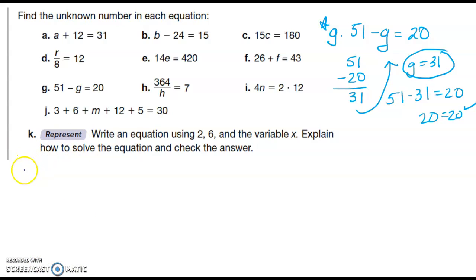All right, let's do H. We have 364 divided by something is equal to 7. So I know if I divide 364 by something, it's going to be equal to 7.